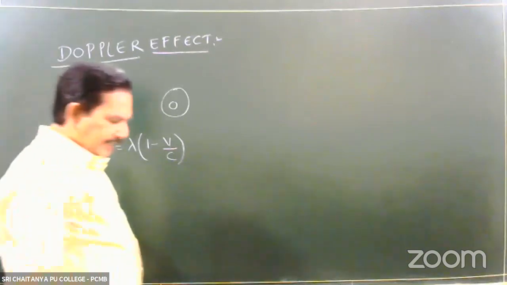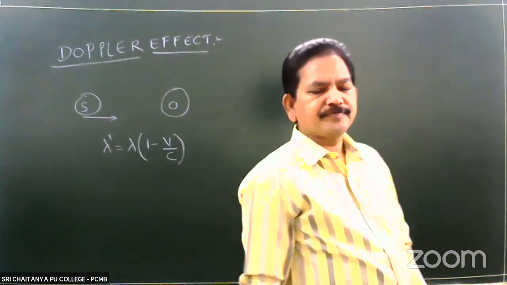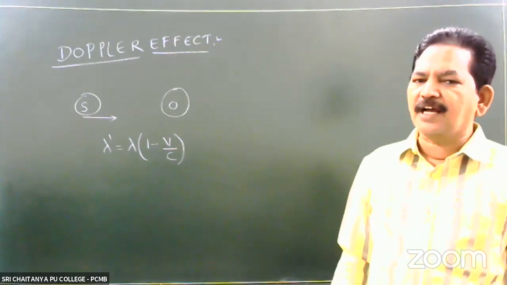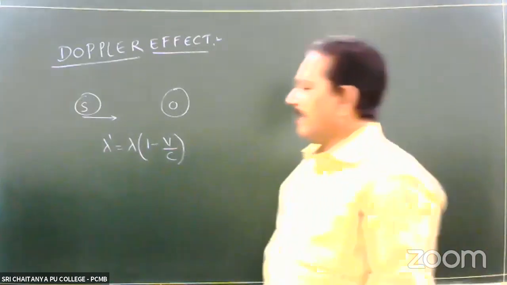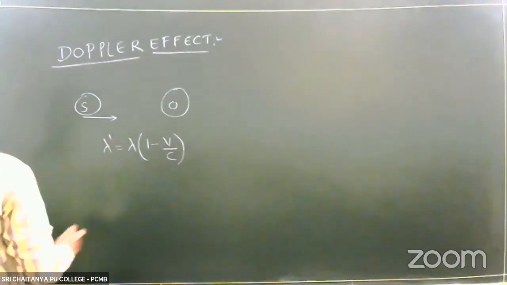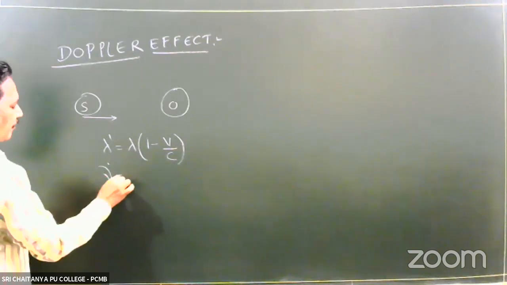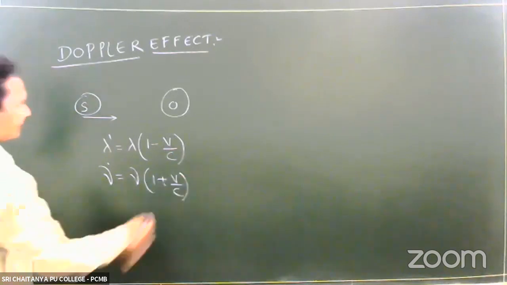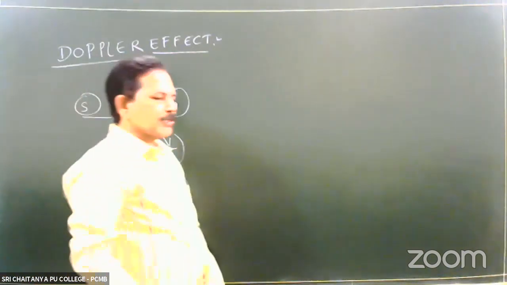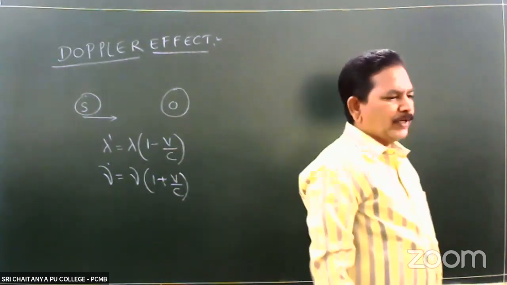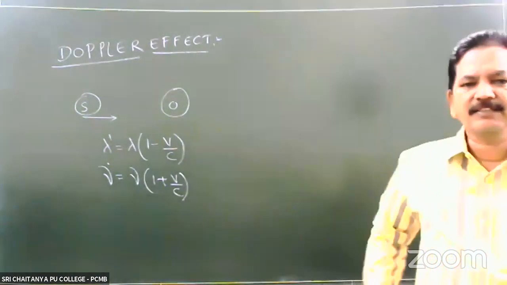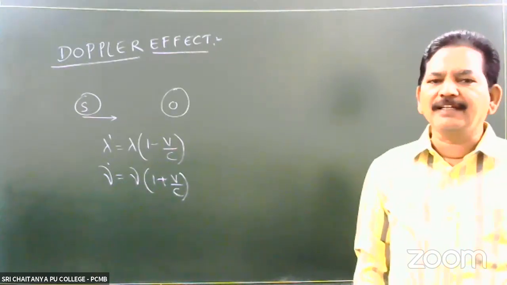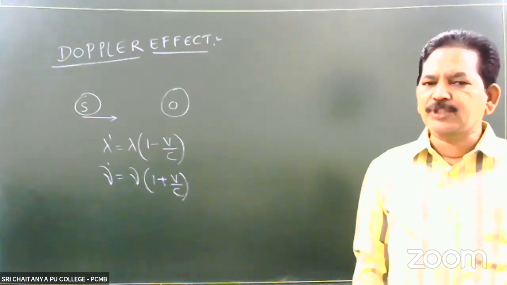If the wavelength decreases, what happens to frequency? Frequency increases, as derived yesterday. Whenever the source is travelling towards the stationary observer, the wavelength received by the observer will be less than the original, actual wavelength.